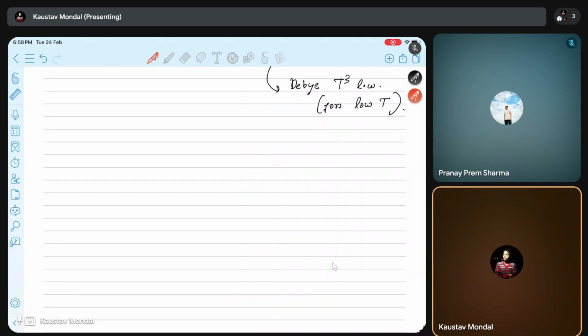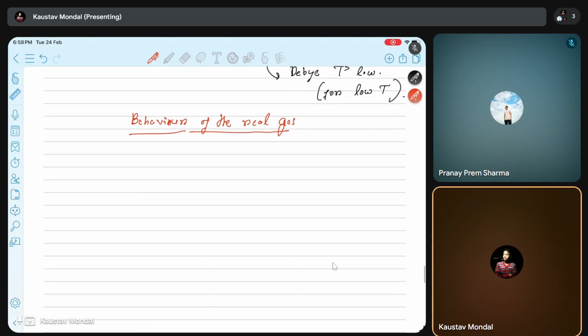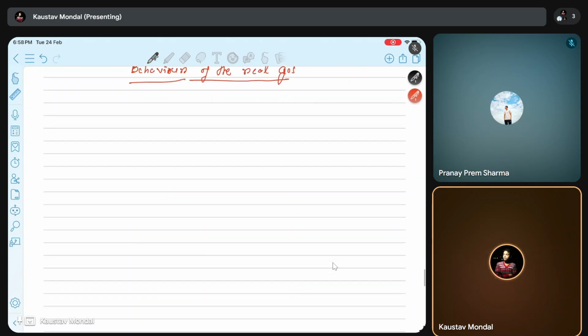Okay. So if you observe the behavior of the real gas, it looks kind of like that.